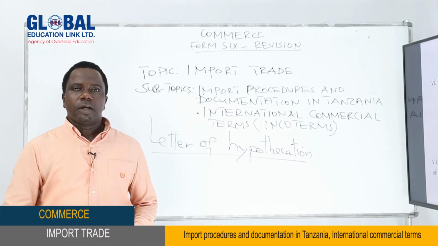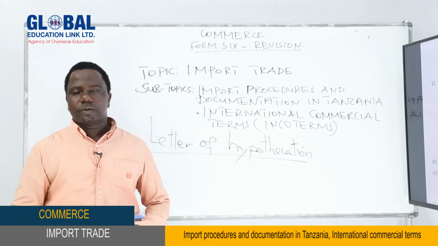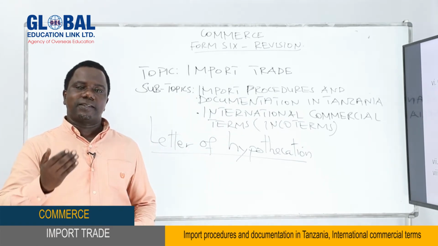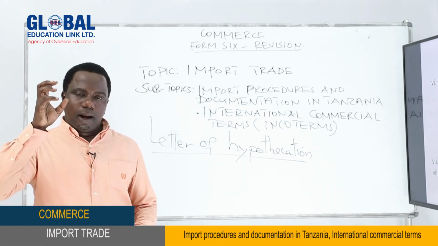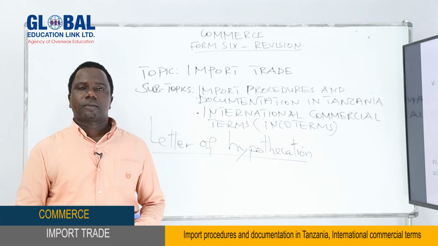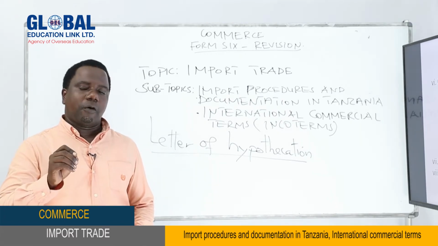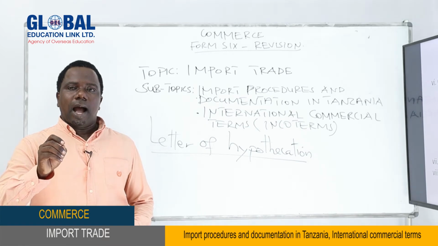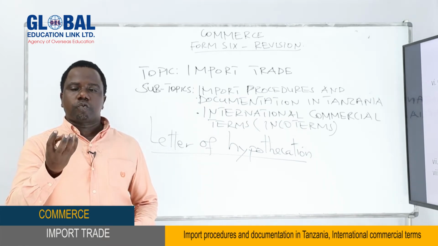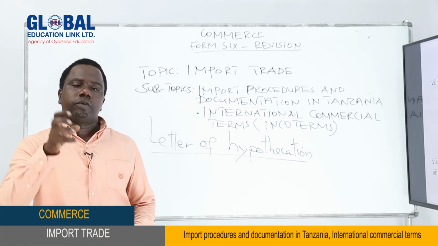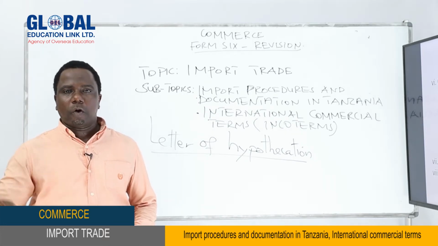So sometimes it may happen that the bank has discounted a bill of exchange, and therefore the bank is waiting for that money which will be paid by an importer.